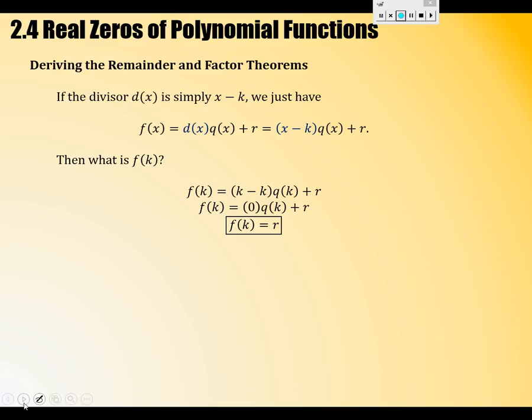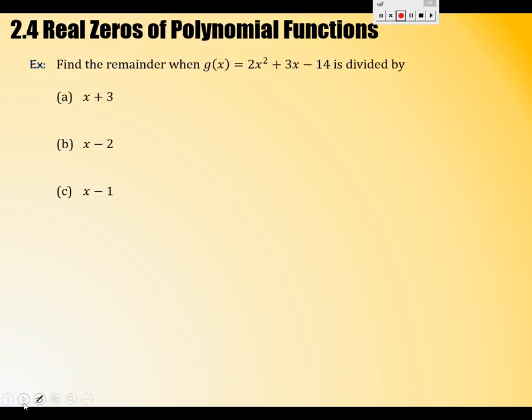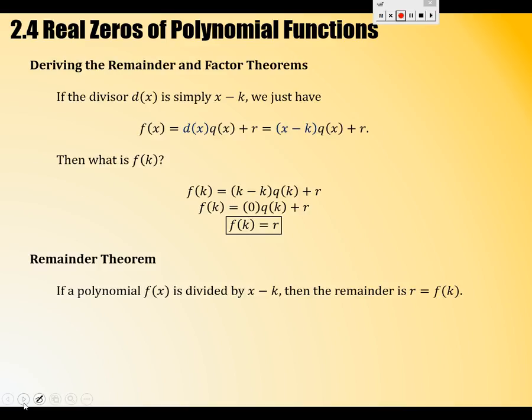Why would I only want the remainder? Doesn't that seem silly? Can you give a reason why you might want to know just the remainder? Why do we care about the remainder? We're especially interested in the remainder. Sorry, that's the answer to that. Well, we'll show you on the next slide here.